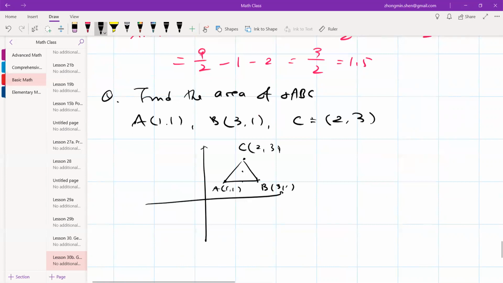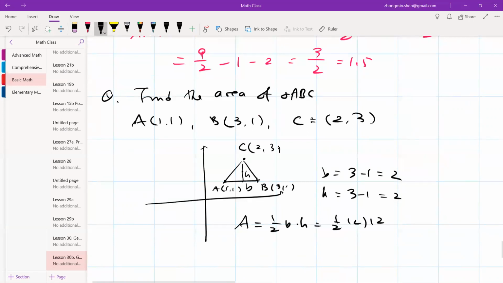AB is horizontal, so it's easy to find the height. Can you see that? If this is the base B, and this height is H, then B is 3 minus 1, which is 2. H is going from 1 to 3, 3 minus 1 is also 2. So the area is half of B times H, half of 2 times 2, which is 2.